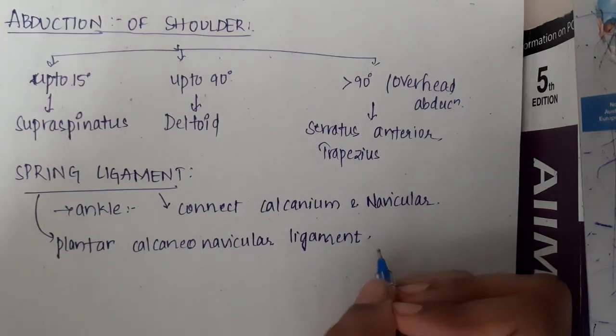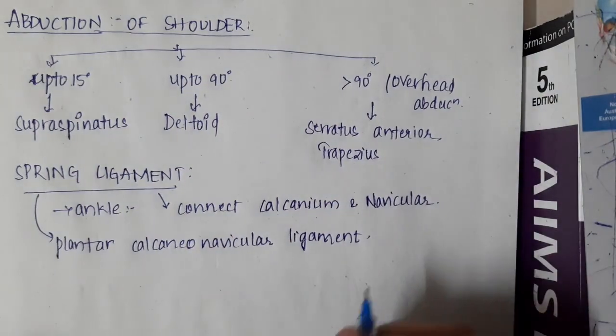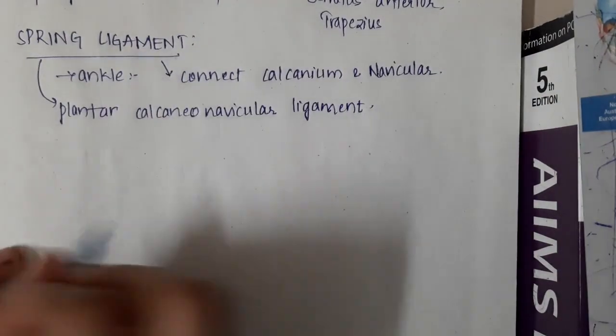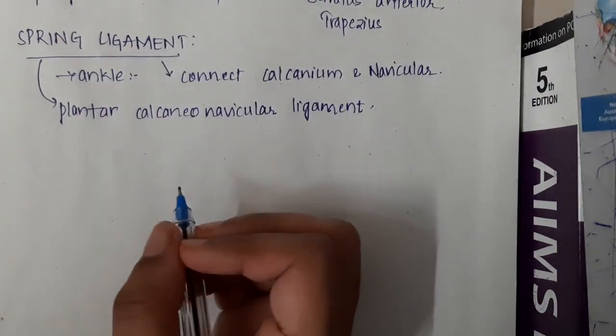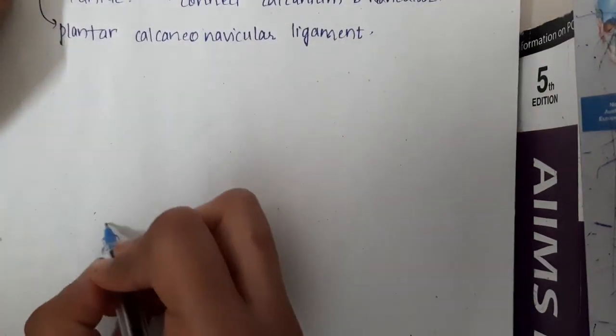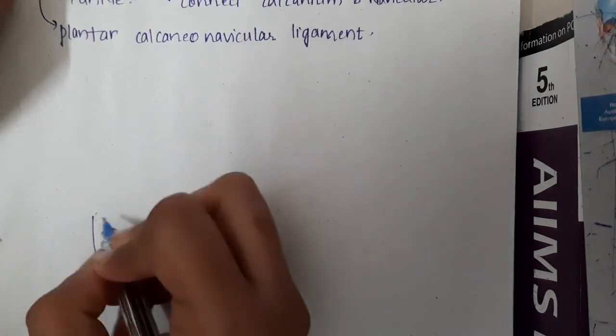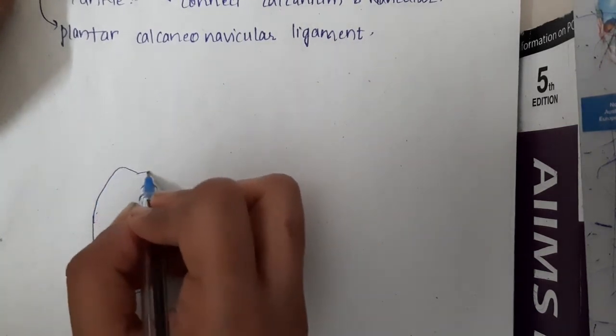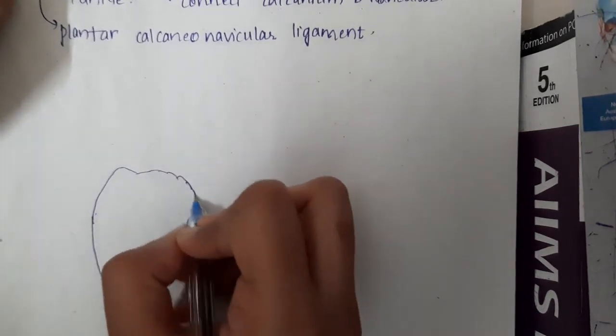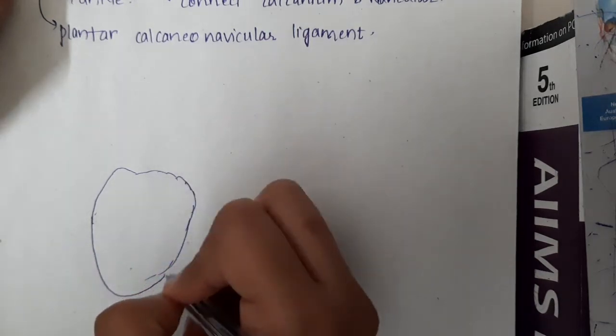Let me draw a picture of the spring ligament so that it becomes easier to understand. This is the calcaneus with the tubercle of calcaneus.